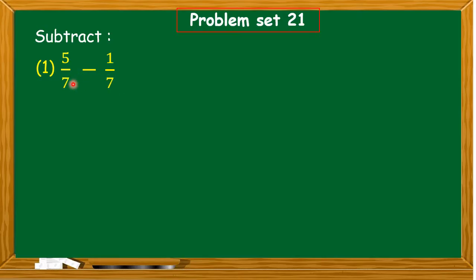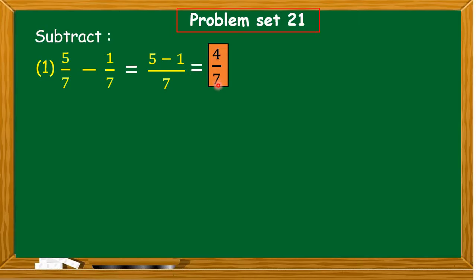When subtracting a fraction from another like fraction, we write the difference between the numerators in the numerator and the common denominator in the denominator. So we write 5 minus 1 upon 7, which is equal to 4 upon 7.